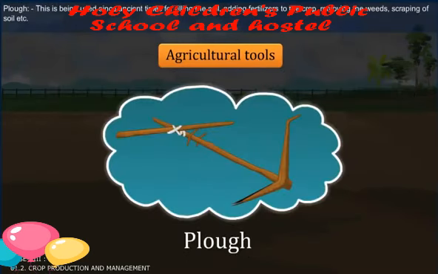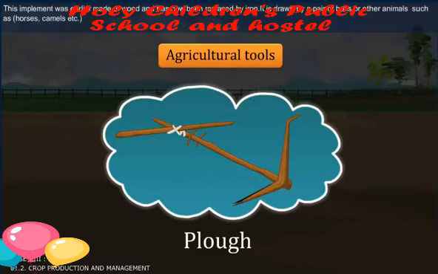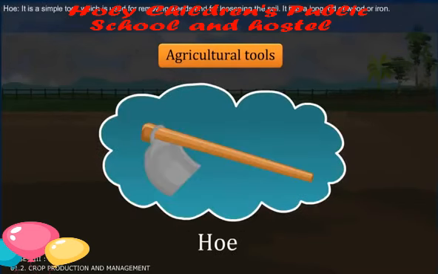This is being used since ancient time for tilling the soil, adding fertilizers to the crop, removing the weeds, scraping of soil, etc. This implement earlier was made of wood, but has now been replaced by iron. It is drawn by a pair of bulls or other animals such as horses, camels, etc.